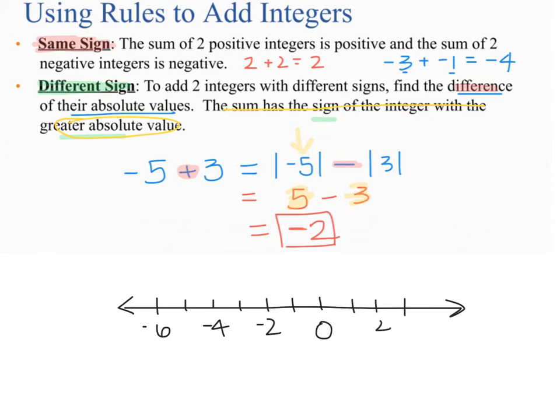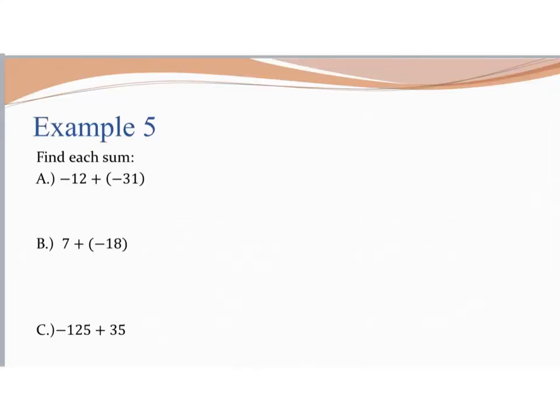I'm going to go negative 5. So if I start out at 0 and I go to the left 5 units, that puts me right here. And then I'm going to add 3, which means I'm moving to the right 3. So I'm going to go 1, 2, 3. That's going to put me at negative 2. So our graph confirms what we just found up above.